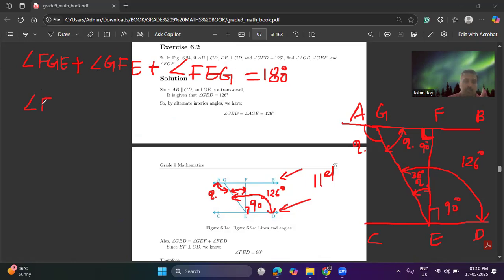So angle FGE plus angle GFE, which is 90 degrees, plus angle FEG, 36 degrees, which we calculated, is equal to 180 degrees.